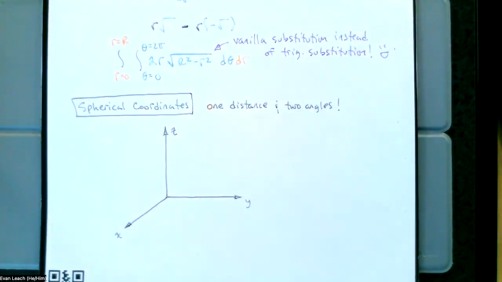As usual, we're going to use our regular rectangular coordinates. And we're going to try to describe a point in space with one distance and two angles.